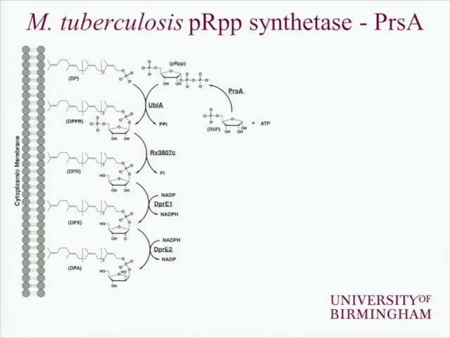And really, the key steps are here, DprE1 and DprE2. What we're doing here is an epimerization reaction where we're changing the orientation of the hydroxyl on the 2 position, from down to up. So this would be ribose, this would be arabinose, and it goes through this keto intermediate.